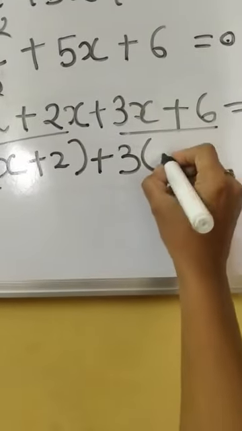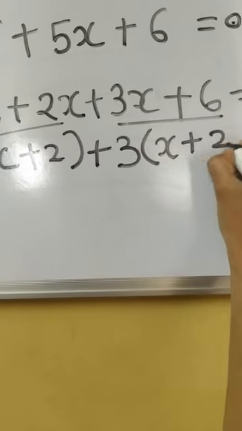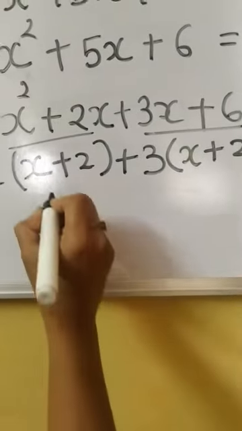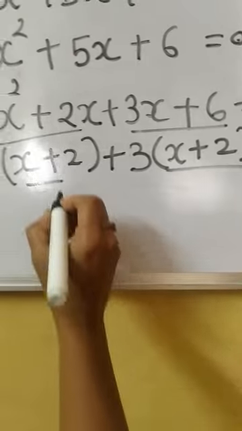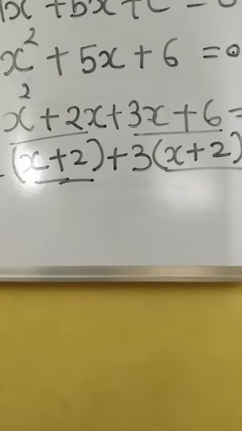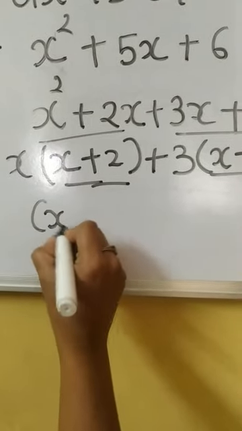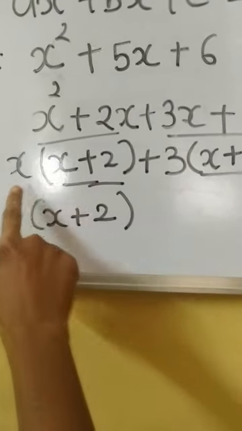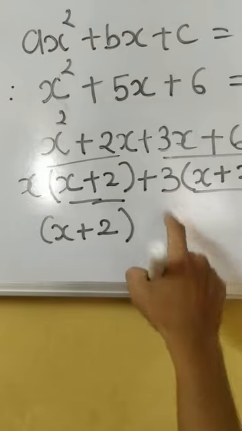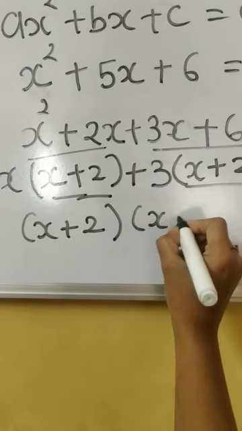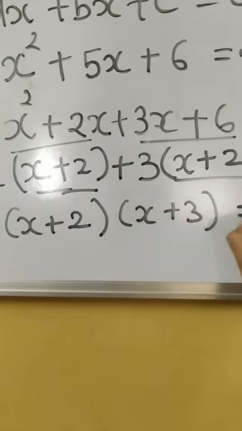So what will remain in the bracket? That will be x plus 2. So here we can see that two brackets are same, as we earlier discussed in 9th standard. When two brackets are same, write it as one, and whatever things remain, write it in another bracket. So here we wrote.